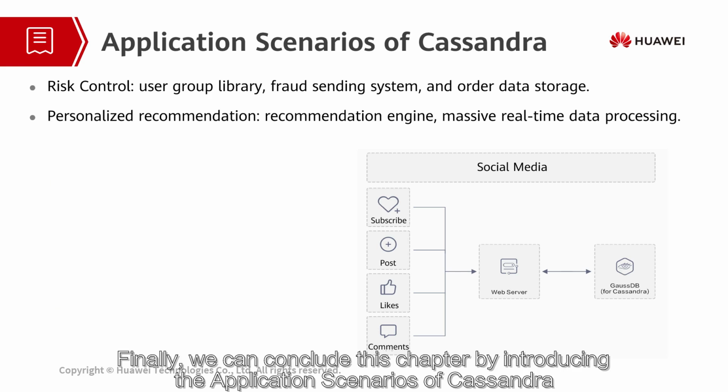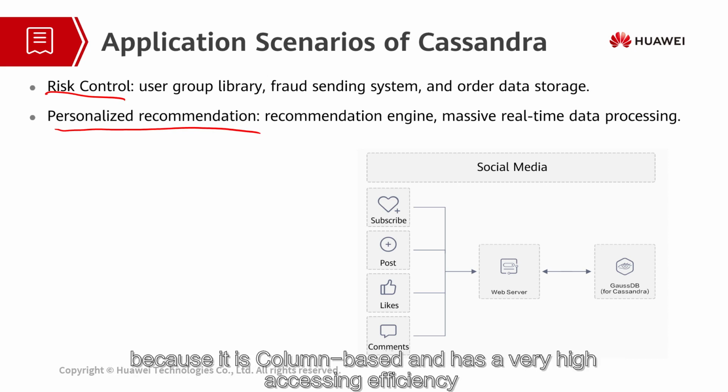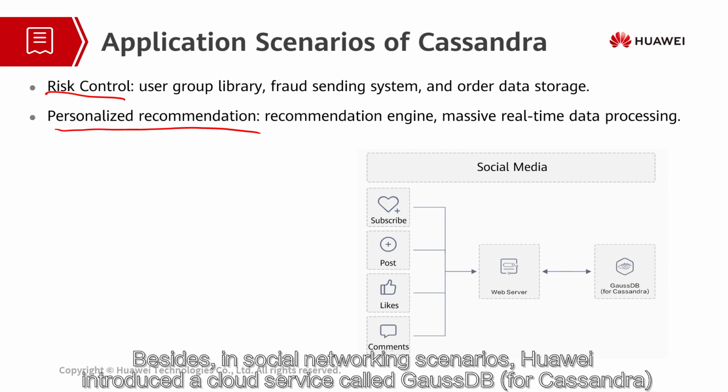Finally, we can conclude this chapter by introducing the application scenarios of Cassandra. As mentioned before, Cassandra is very good at risk control and personalized recommendation scenarios because it is column-based and has a very high accessing efficiency. Besides, in social networking scenarios, Huawei introduced a cloud service called GaussDB for Cassandra.